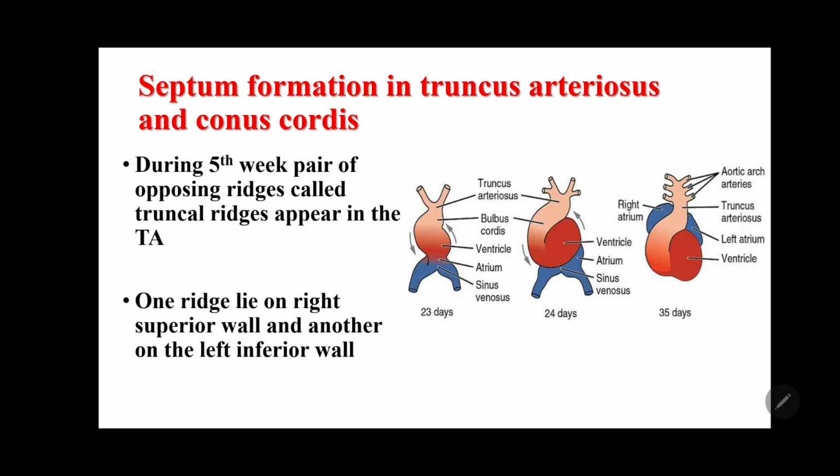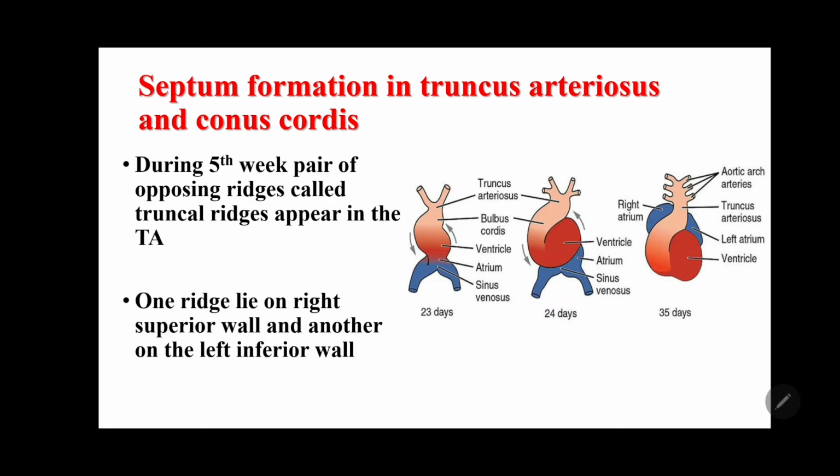And during the 5th week, what happens here? There will be development of truncal ridges. Just like what we have seen, the different components formed during the formation of the interatrial septum, like septum primum and septum secundum, like that there will be appearance of truncal ridges in the truncus arteriosus.